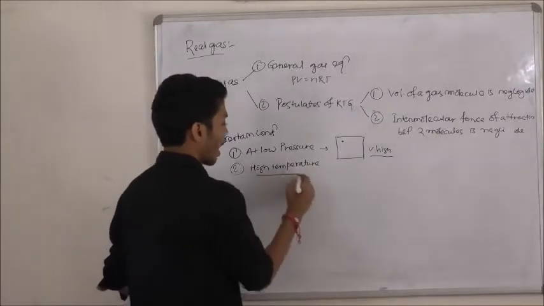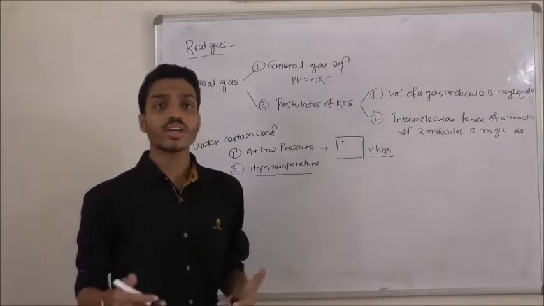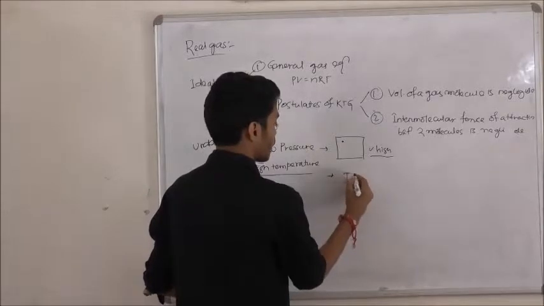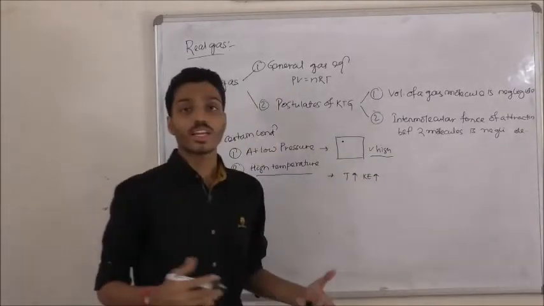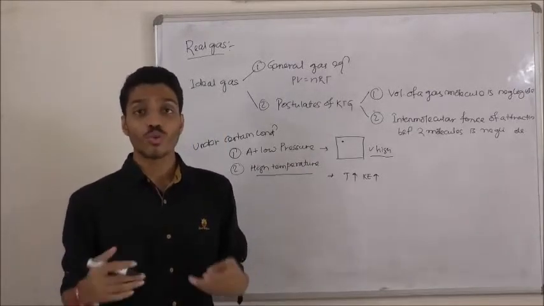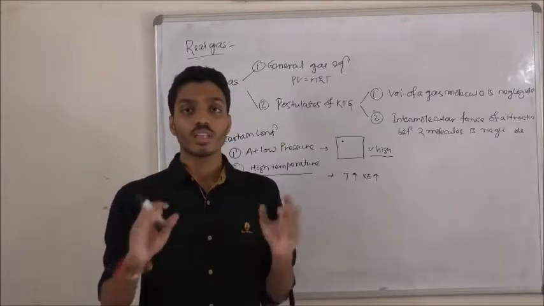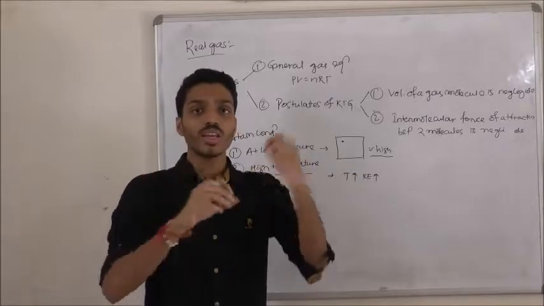And what about high temperature? When temperature increases, kinetic energy of gas molecules also increases. Then the movement of the gaseous molecules becomes so fast, and the attraction force between two molecules is less because they are moving at high speed.